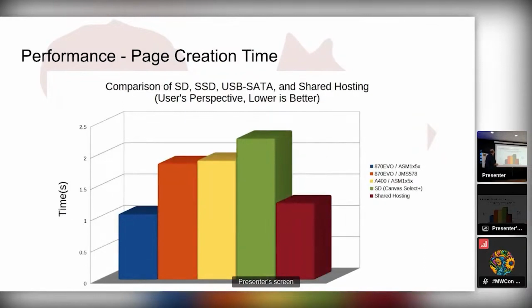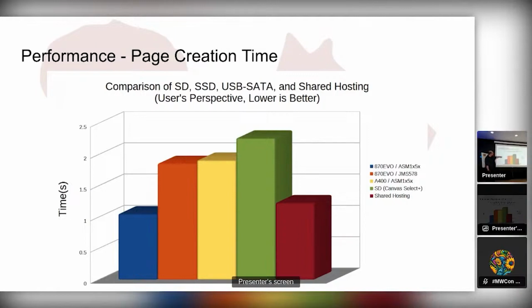And then from the user's perspective, I had fun doing this one. I set up a camera, some screen capture, and a stopwatch, and just created pages and timed how long it took to create the pages. From the user's perspective, you can see that it takes about half the time with the solid state with the USB 3 ASM chipset than it takes to do it with the SD card.